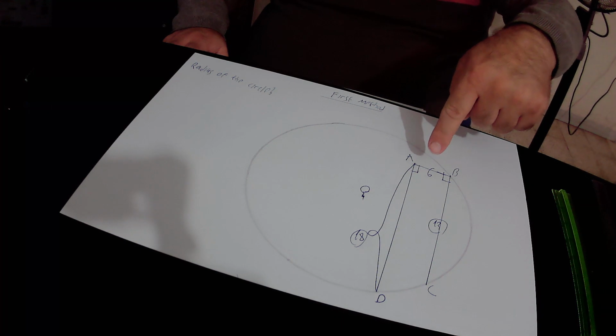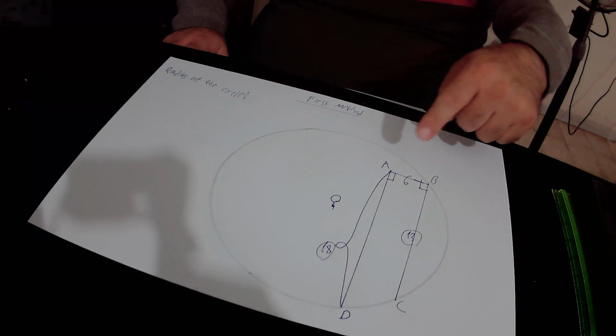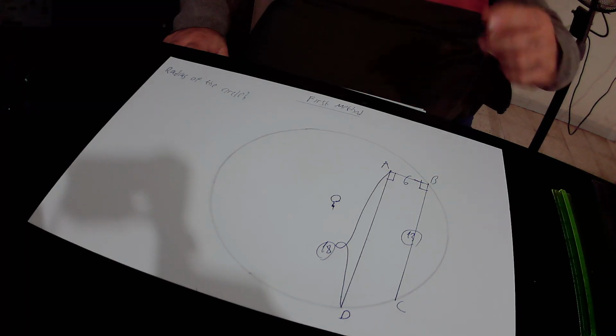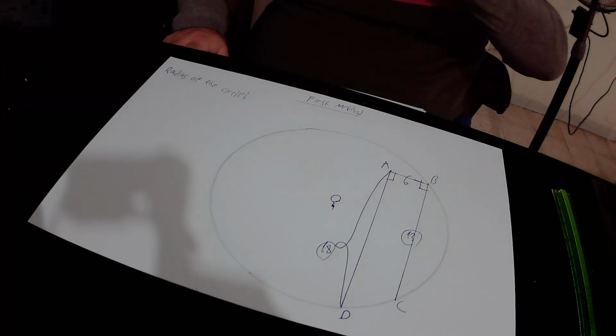This angle PAD equals 90 degrees, and this angle ABC also equals 90 degrees. Our mission is to find out the radius of this circle.